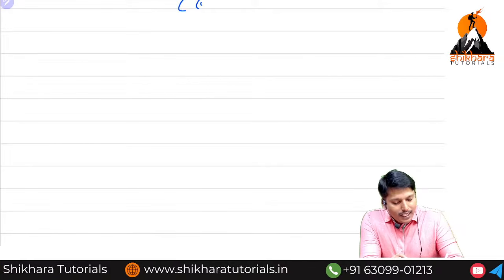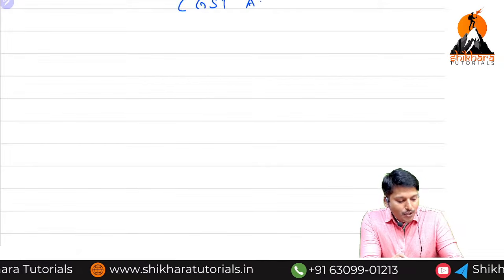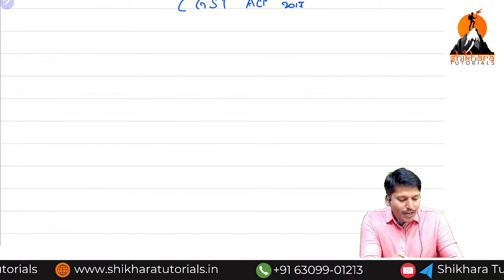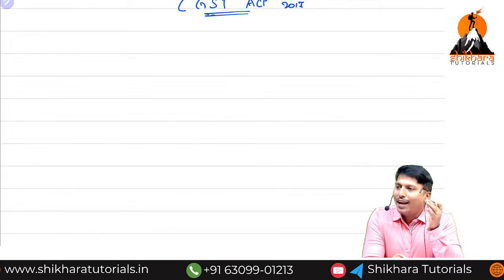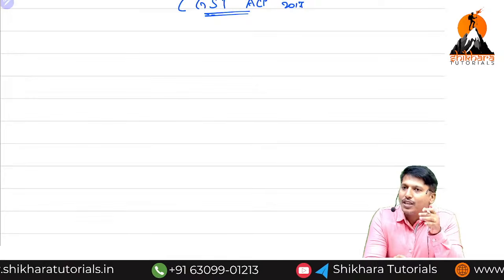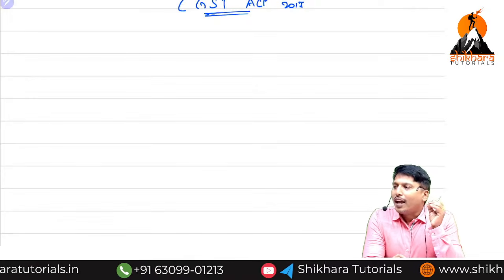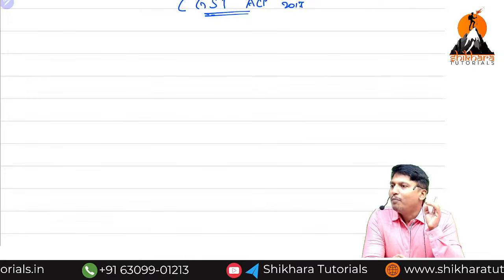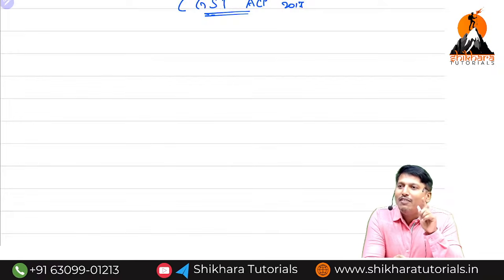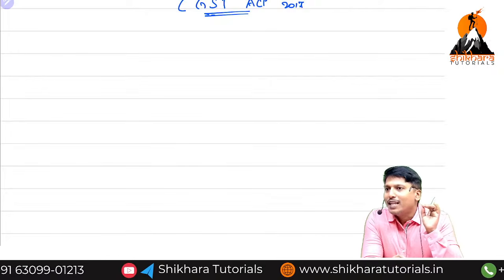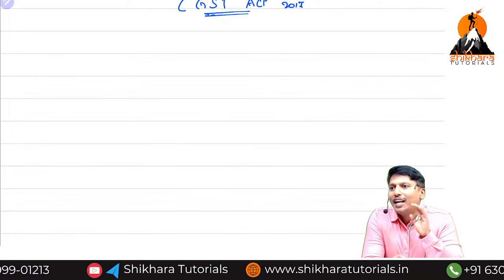Mostly the act is the CGST Act 2017. Even though we have IGST, CGST, SGST, UTGST, 90% of the CMA Inter syllabus is from the CGST Act, except one chapter: place of supply, which is only in the IGST Act.